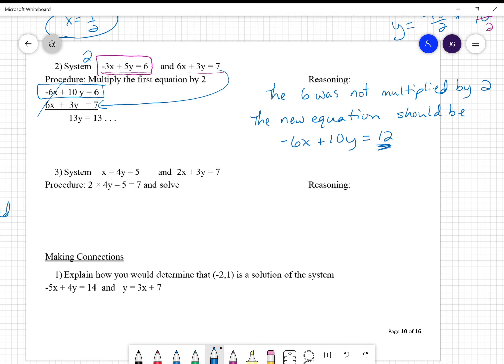Okay, in the next example, we have x equals 4y minus 5 and 2x plus 3y equals 7. They're using substitution. They're putting 4y minus 5 in for x. And here's their procedure: 2 times 4y minus 5 equals 7. What's wrong with that?